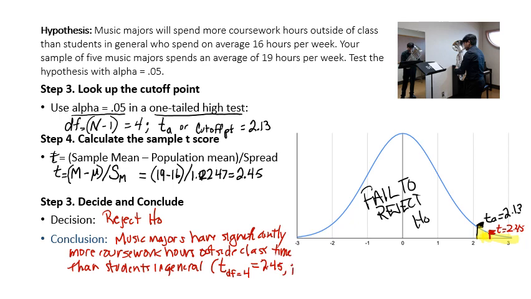The probability of achieving a score, the number of hours this high by just a random sample drawn by chance, is less than 0.05. We have a less than 5% chance of drawing a random sample that has a t-score of 2.45.